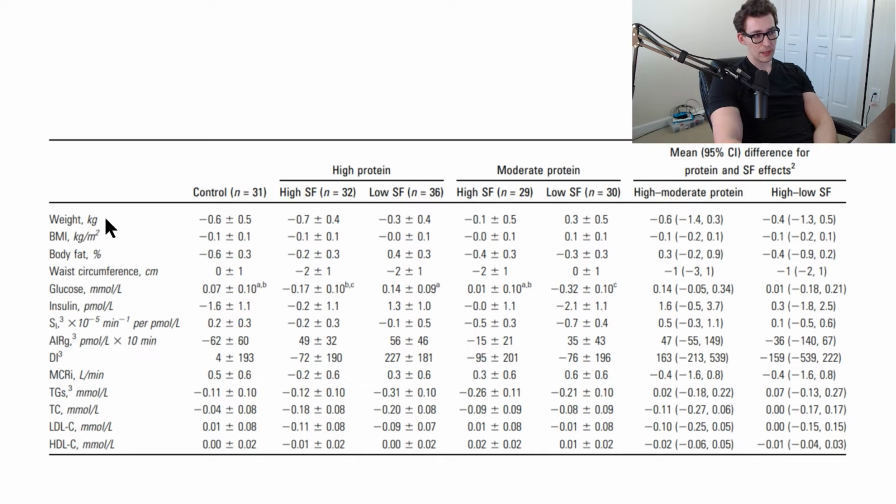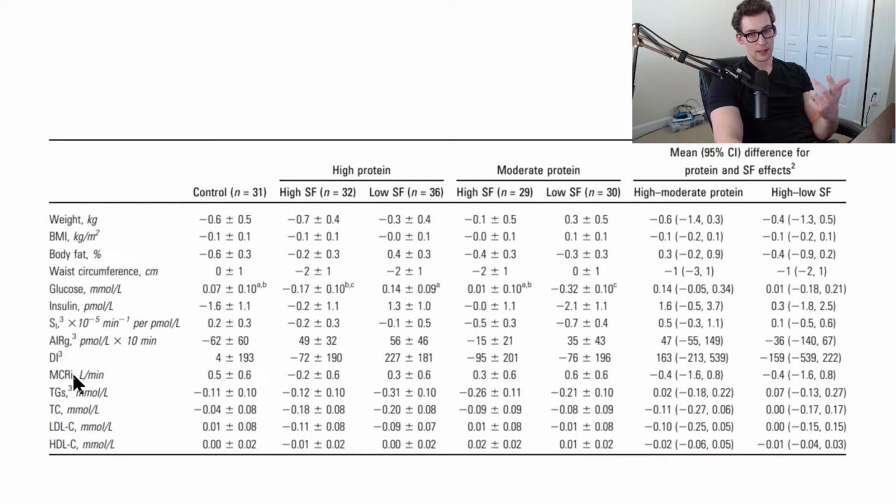So if you look at weight, nothing changed. BMI, obviously nothing changed. Body fat percentage, nothing changed. And how we read this, I'll explain in just a minute, but waist circumference, and then insulin sensitivity, the acute insulin response, AIR. I think this is for MCRI, the removal of insulin.